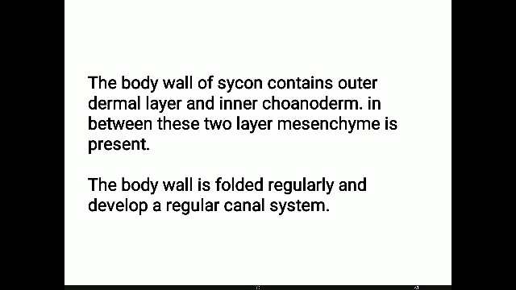In between these two layers, there is another layer called mesenchyme, which gives a place for the wandering amoebocytes and also other epithelial cells. The body wall is folded regularly and develops a regular canal system.